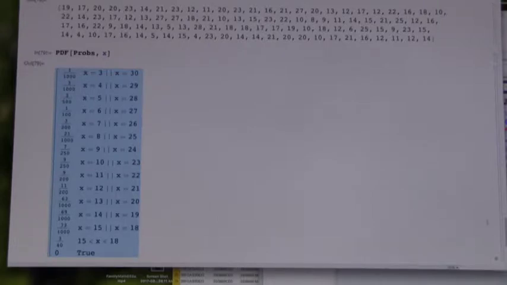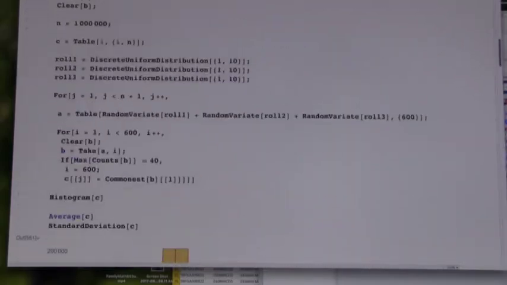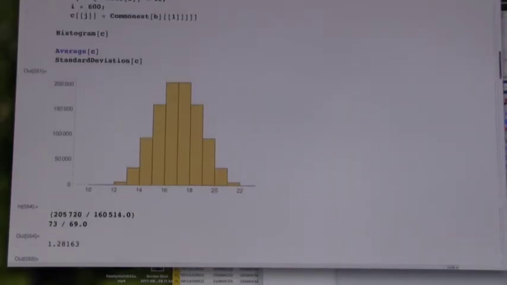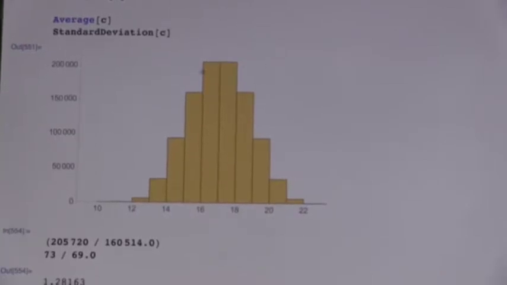Yeah. Overnight I ran a simulation that repeated your process 1,000,000 times. And maybe I can zoom in on it a little bit. So this was the number 16 and 17.